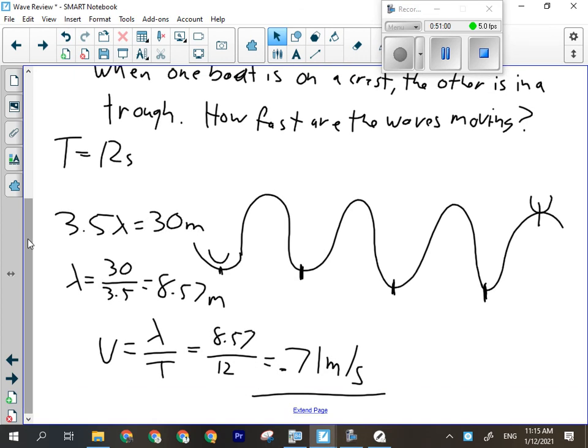Okay. What else do we want to go over? Just like simple harmonic motion?